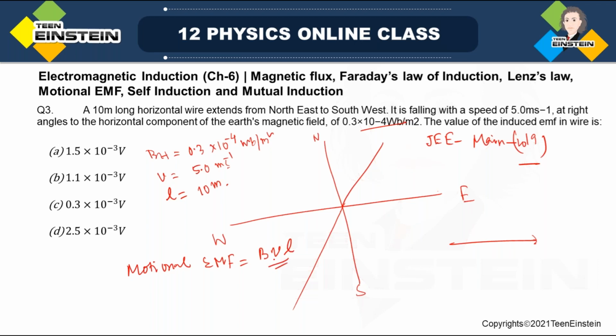So BVL. In this case, B is given, V we know, and L is 10 meter long.